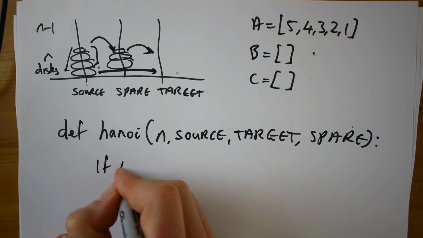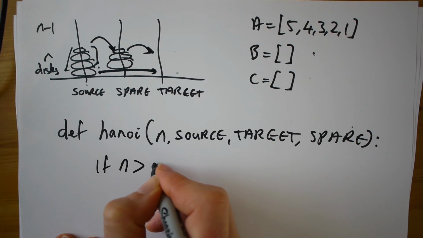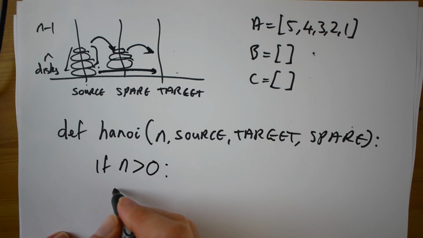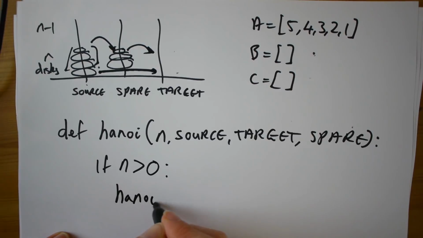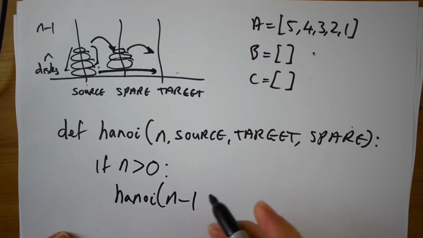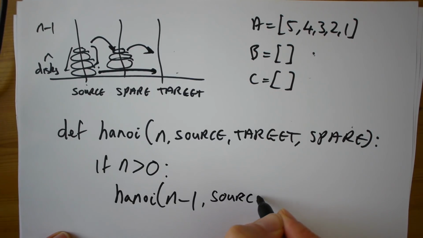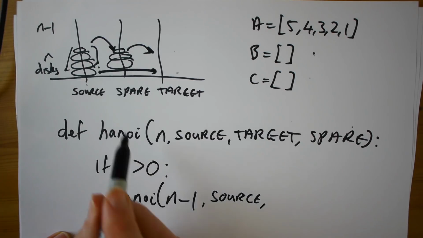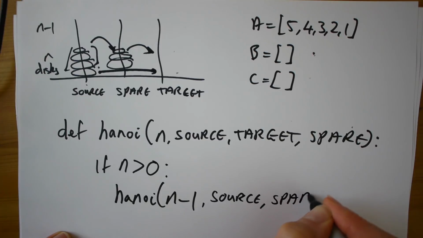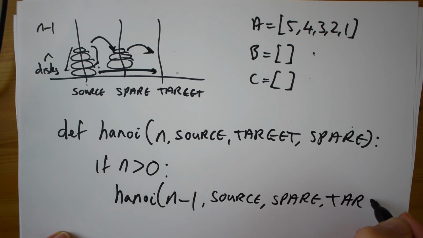So let me just add to it now. So if n is greater than 0, we want to take this time the n-1 disks that are here, and we want to move them from the source, but this time we don't want to move them to the target. We want to move them to the spare, using the target as the spare this time.